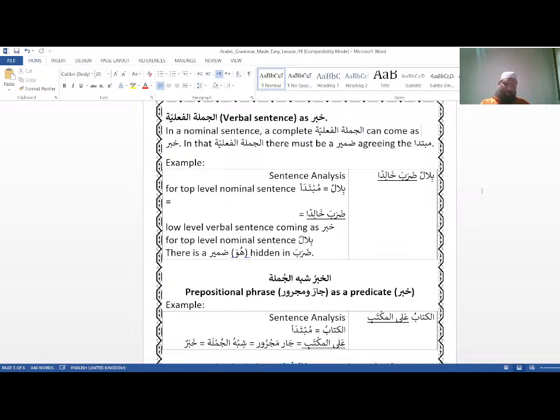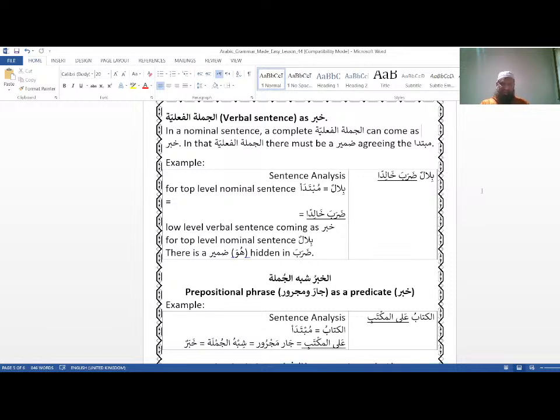Ala al-maktab, yes, ala is a harf jar, al-maktab is majrur, so this jar and majrur becomes the shibhul jumla. Okay, it is a jumla, but there's something hidden. We need to take that out to make the complete jumla, because those things are not visible.